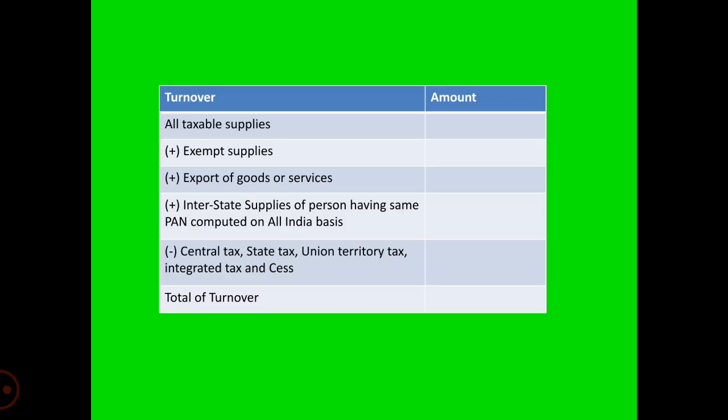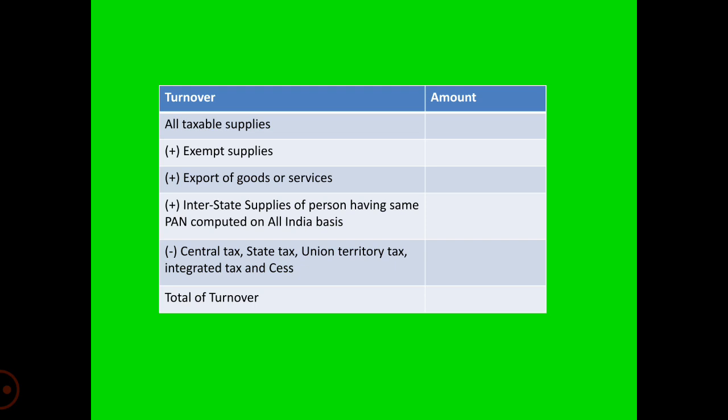The explanation is like this: all taxable supplies include the exempt supplies, the export of goods and services, and the interstate supplies of goods having the same PAN, computed on an all India basis, but it shall never include the central tax, state tax, union territory tax, integrated tax, and cess.